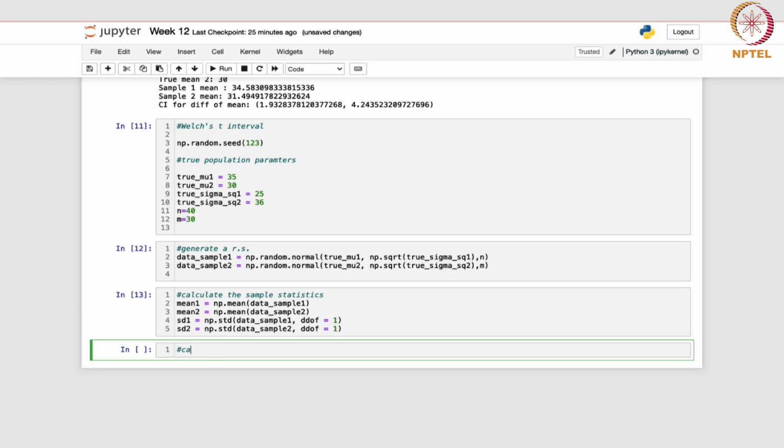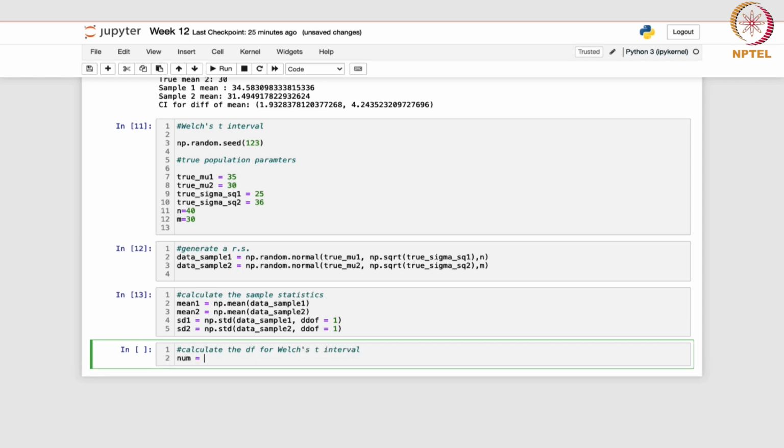Calculate the degrees of freedom for Welch's t interval. So numerator, let me mention num. It is basically the sample variance of the first one, that is sx square over n plus sy square over m, that is its sample size, and the whole raised to the power 2.